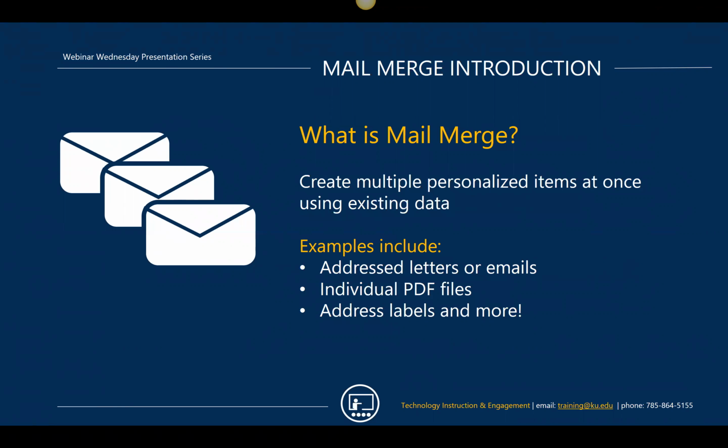You can also choose to create individual PDF files that you could then print out and give to someone. You could attach it in an email, whatever you choose to do there. And then you can also use mail merge to create address labels from that existing information. So it really does help you create these multiple personalized items much faster as opposed to having to type all of that information again into Word.